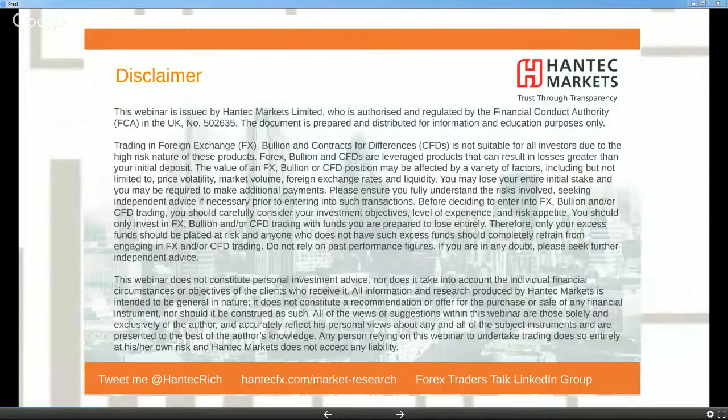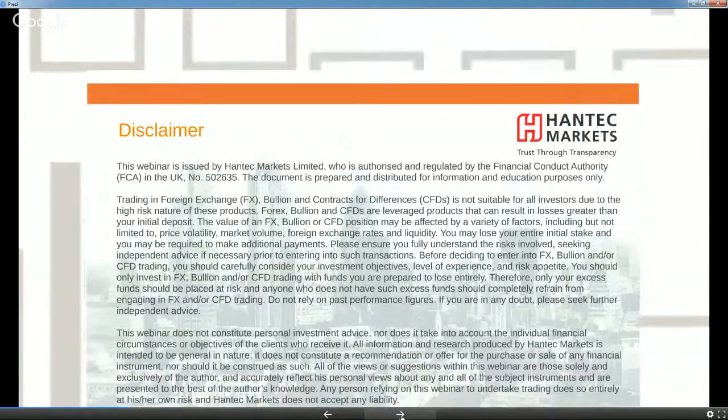I'm going to go through the slides for about 20-25 minutes, and then get onto some live market analysis, looking at the Forex majors, commodities and indices. So you should read and understand the disclaimer, because I'm going to be talking about live market information.